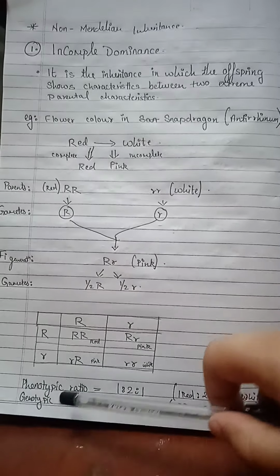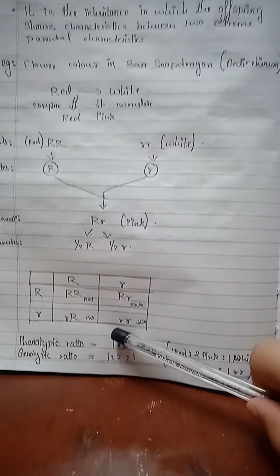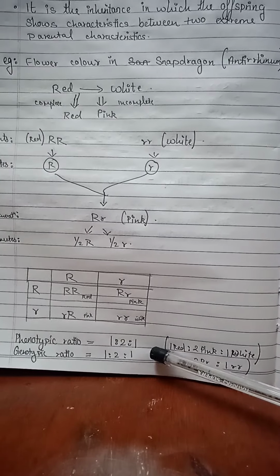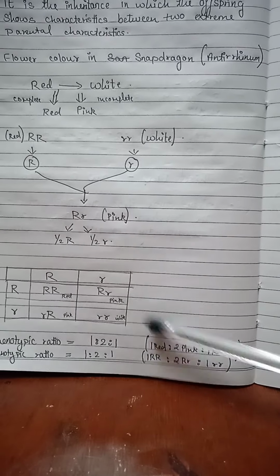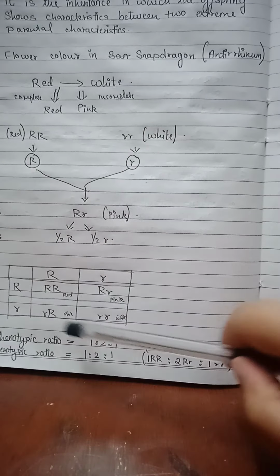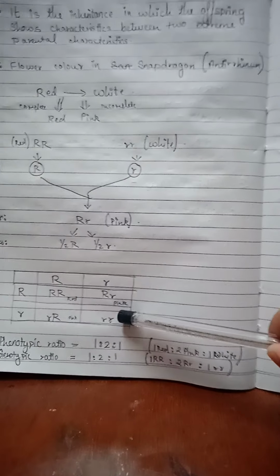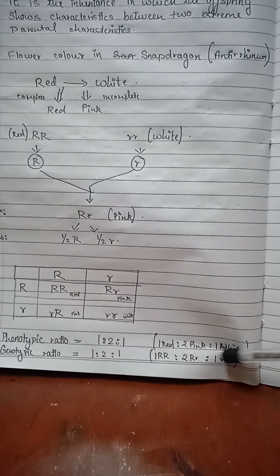Now we go on to the ratios. The first one is the phenotypic ratio, which is 1:2:1. How is this possible? We got one red flower, two pink flowers, and one white flower. So the phenotypic ratio is 1:2:1.